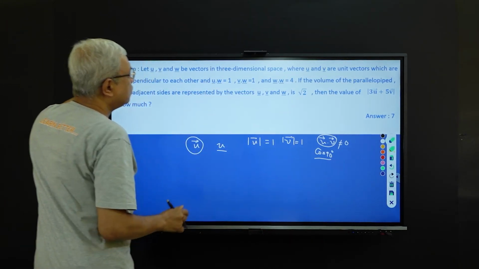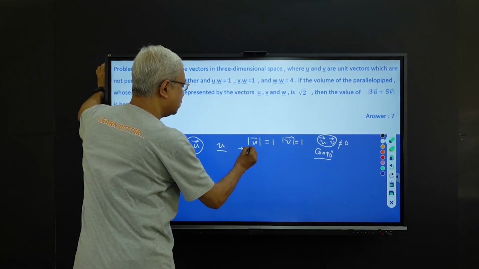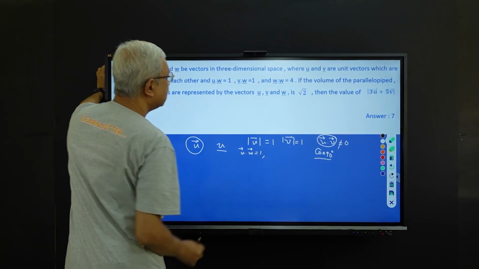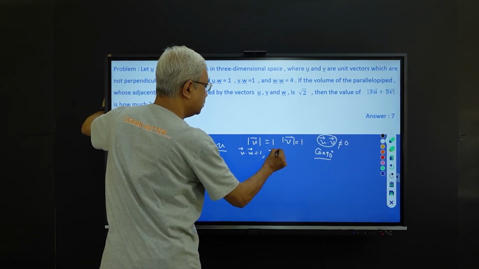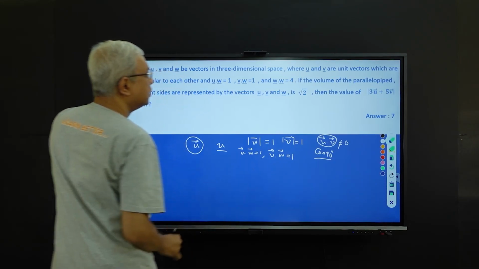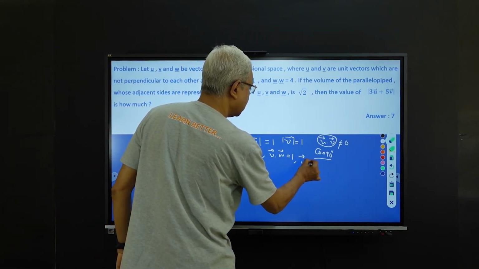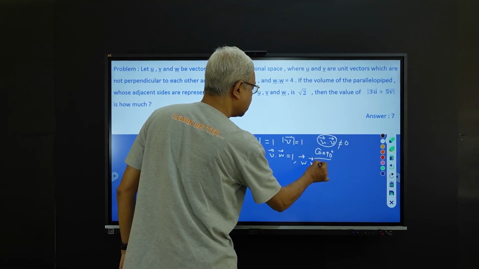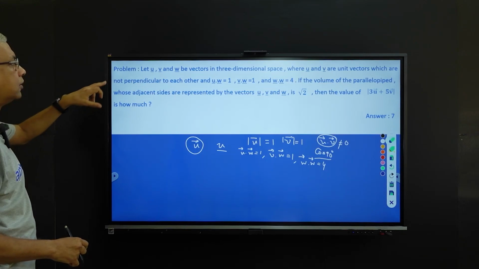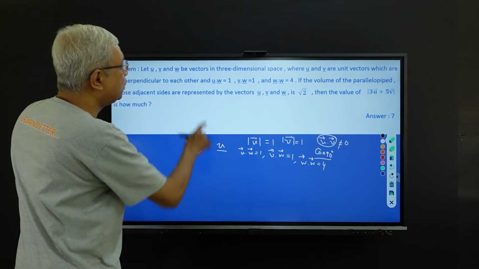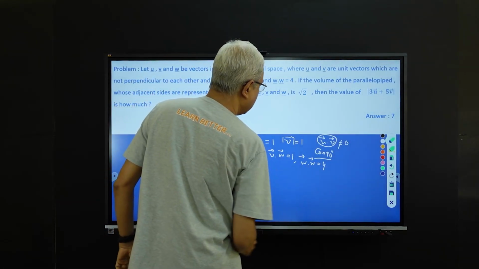And vector u dot vector w is equal to unity, vector v dot vector w is unity, and vector w dot vector w is 4. U and v are unit vectors, w is not a unit vector, that's why w dot w is 4.